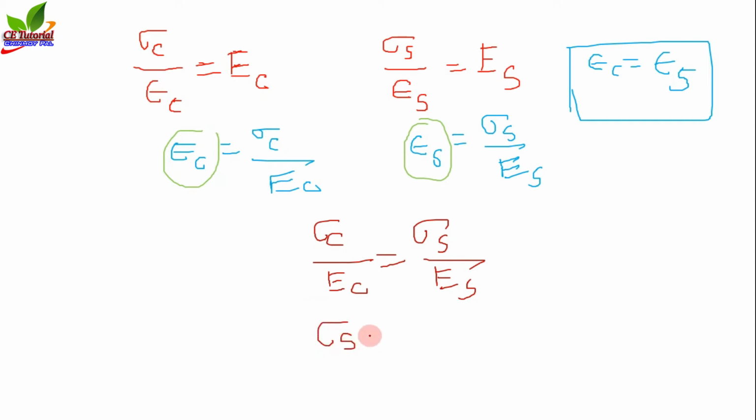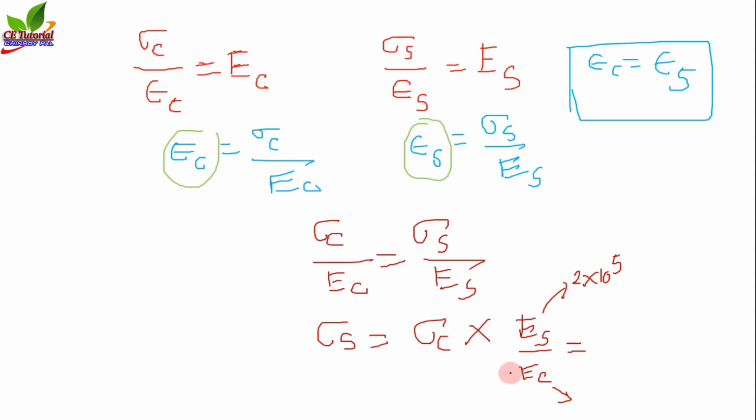Now sigma S equals sigma C multiplied by ES by EC. You can assume ES by EC as one constant, because ES is a constant, that is, the value of ES is 2 multiplied by 10 to the power 5 Newton per millimeter square, and EC is also constant.